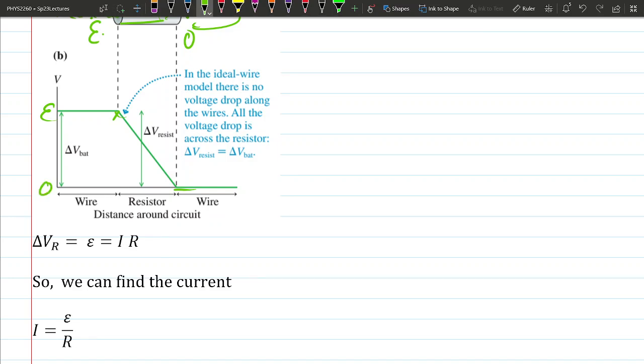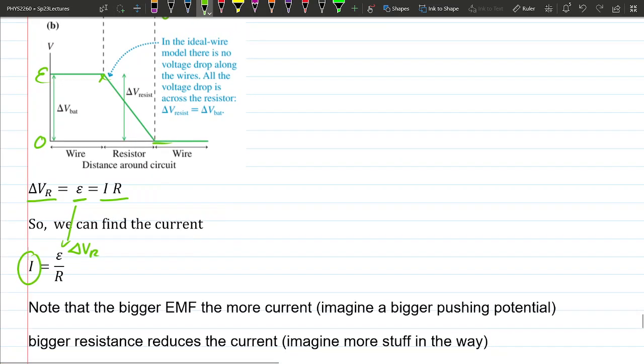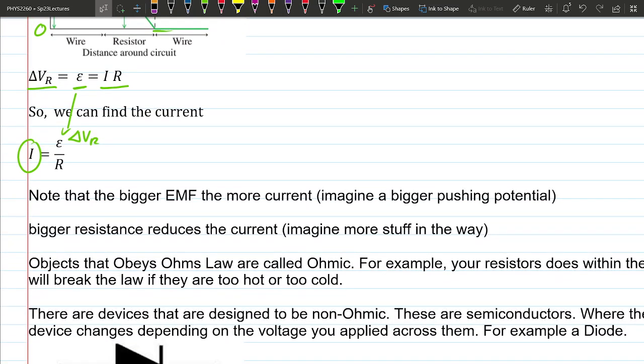Therefore the voltage drop in this system is whatever the EMF is, which is the current times the resistance. We can massage this equation to calculate the current. The current is just the voltage drop, the EMF, divided by R. Now I'm just rederiving Ohm's law and playing around with it. Ohm's law is one of the most useful ones, where the voltage drop across the resistor is the current times the resistance. But be careful of the sign: the drop is always from the high to the low.